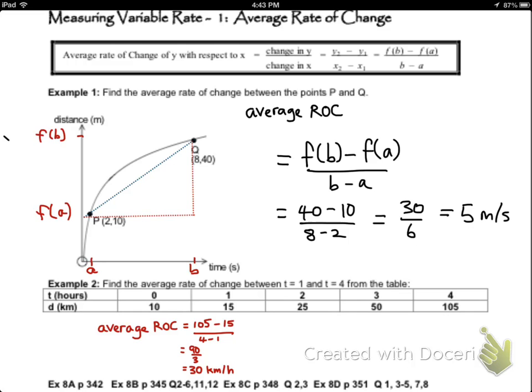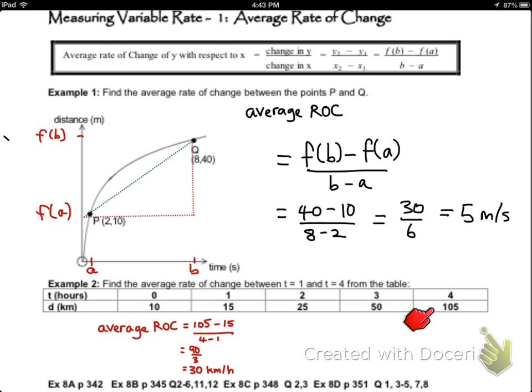In example 2, we're required to find the average rate of change from t equals 1 to t equals 4 from our table down here. We notice that when t equals 1, distance is 15, and when t equals 4, distance is 105.